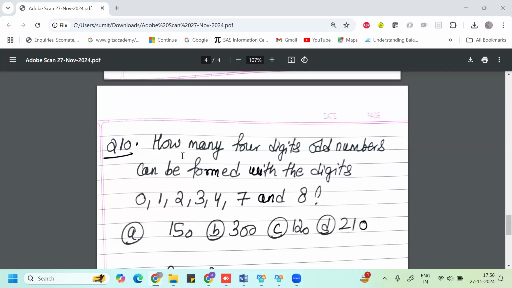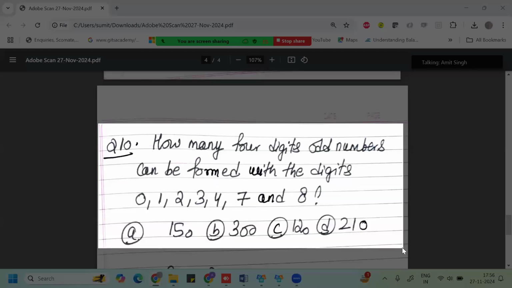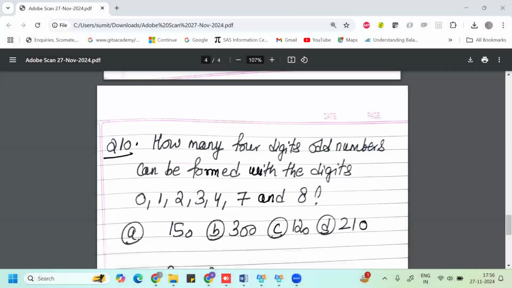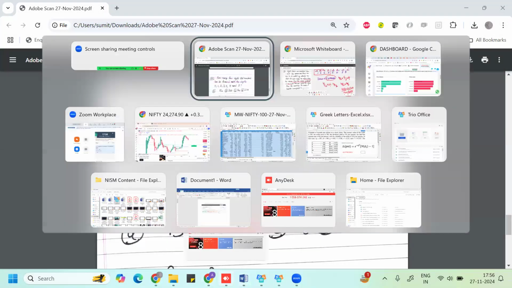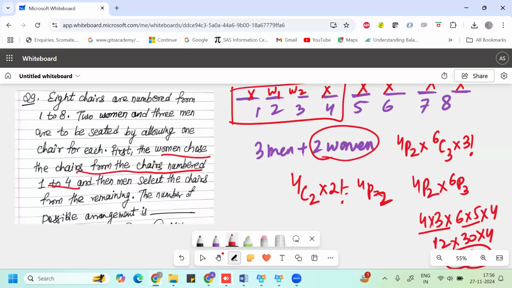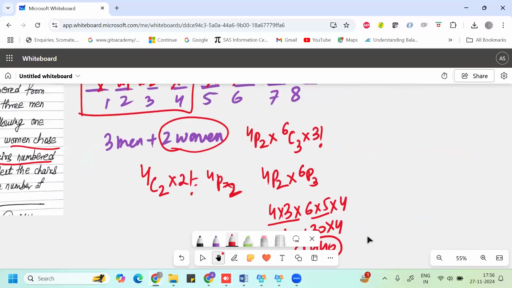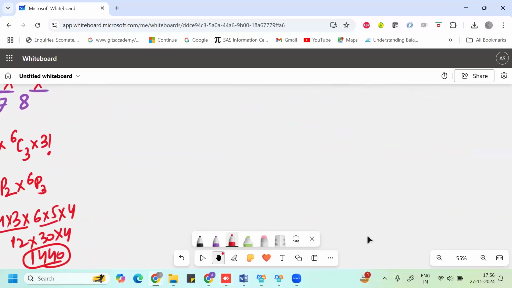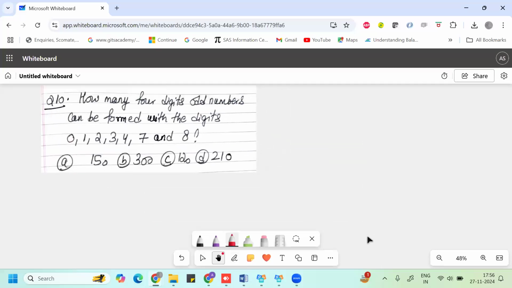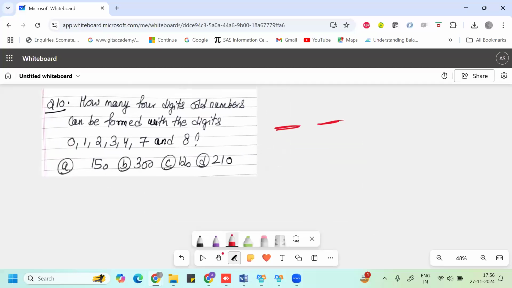See this, guys. What I'm telling is, you need a 4-digit number, so 1, 2, 3, 4, and that should be an odd number. A number is odd when it ends with 1, 3, 5, 7, 9.